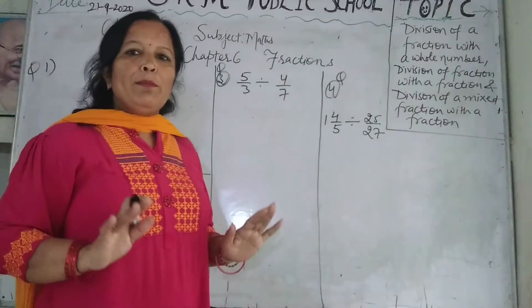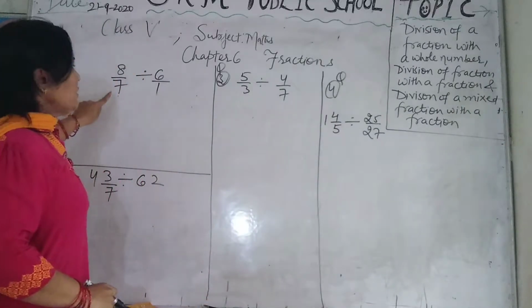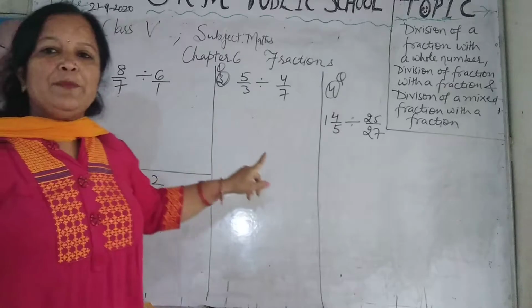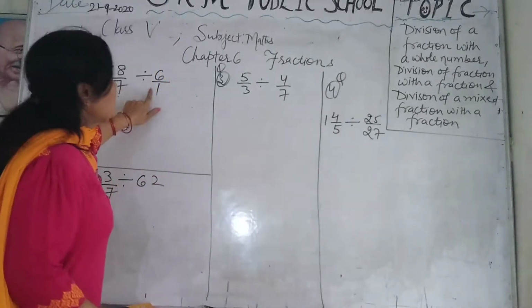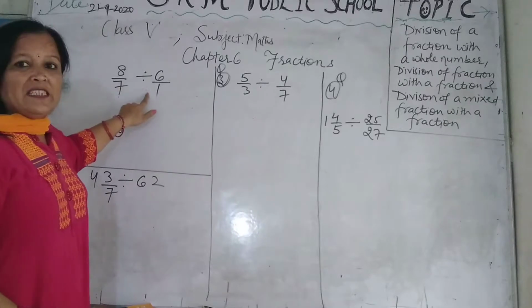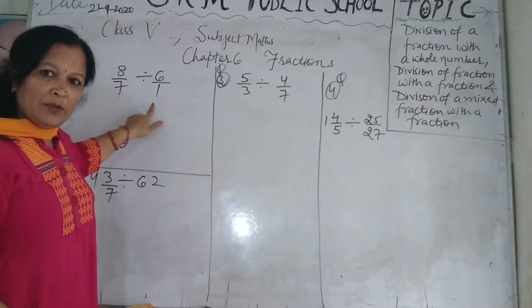And you will multiply 8 upon 7 by the reciprocal of the second fraction, that is, by the reciprocal of 6, that is 1 upon 6.